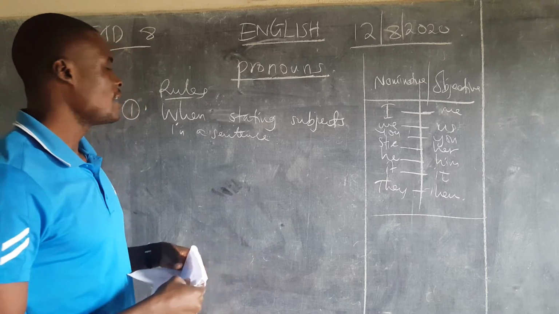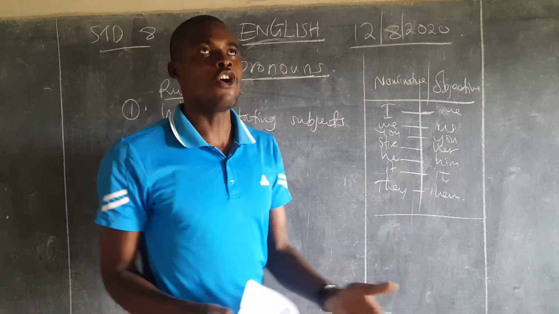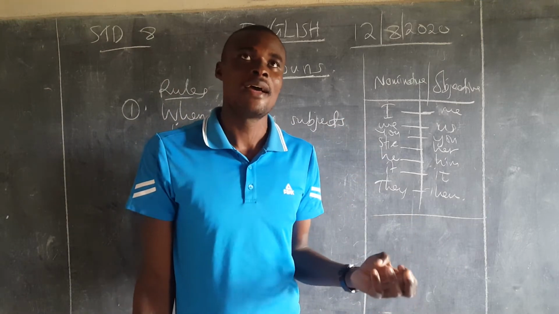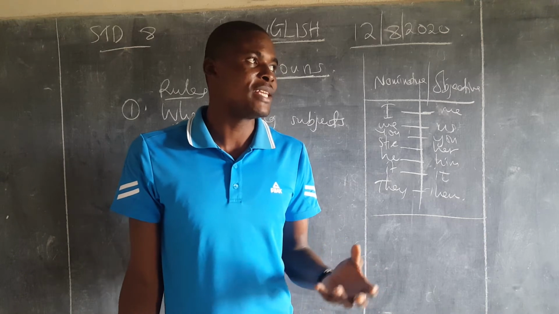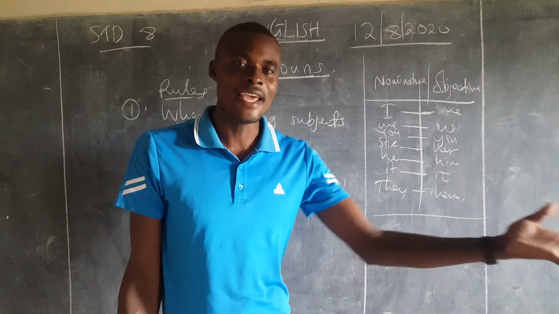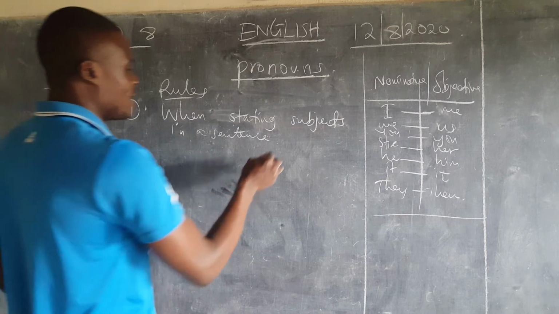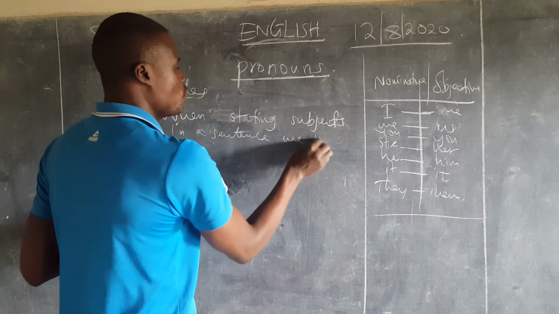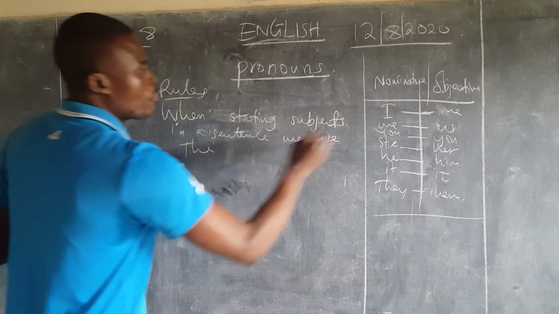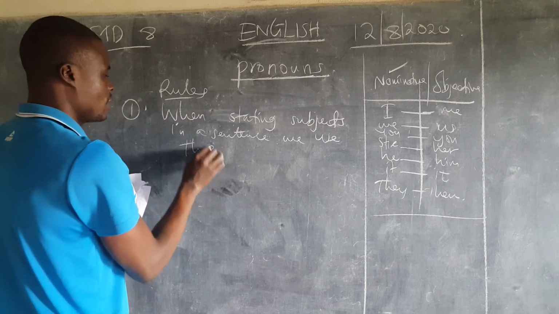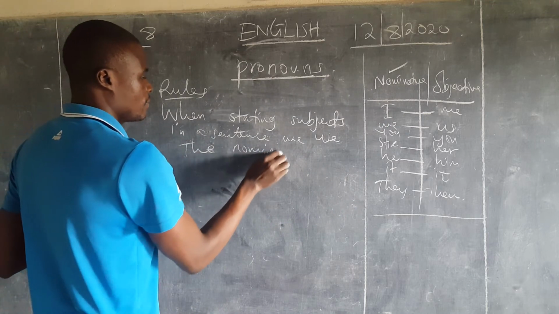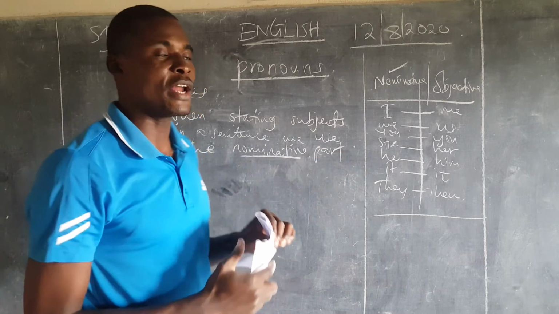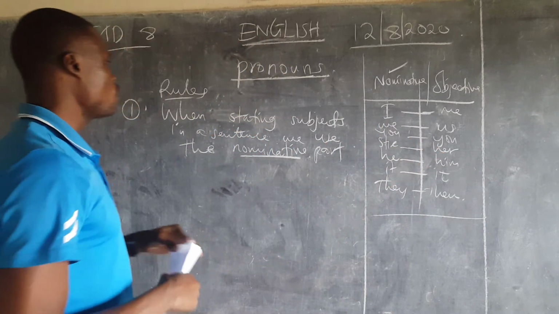When you're mentioning, like Jane, I met Jane, Tom, and maybe here you want to bring in a pronoun there, like James and he. So when mentioning or stating subjects in a sentence, learner, we use the nominative part only. Always use a nominative pronoun to show stating.